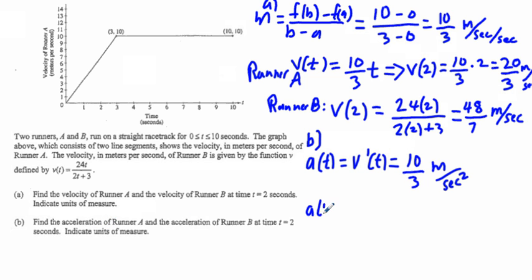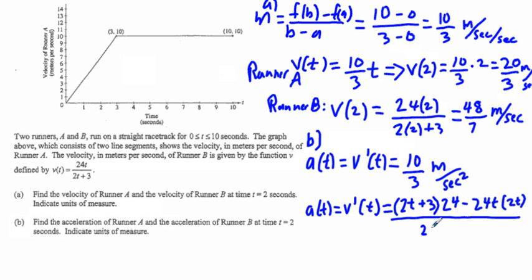So we have, again, a of t is equal to v prime of t, and that's going to be equal to, in this case, our low, which is 2t plus 3, times the derivative of the high, which is 24, minus the high, which is 24t, times the derivative of the low, which is 2, and all over 2t plus 3 squared.